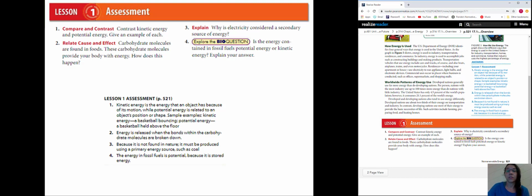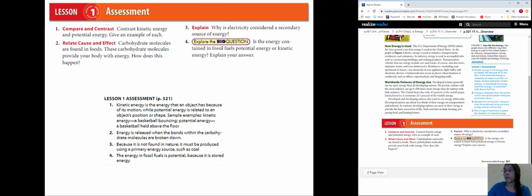Some other examples of kinetic energy is a basketball bouncing. Another example of potential energy is a basketball being held above the floor. Now, if you just have a basketball sitting on the floor, that is not considered to have potential energy unless it is on an incline, and then of course the ball is round.